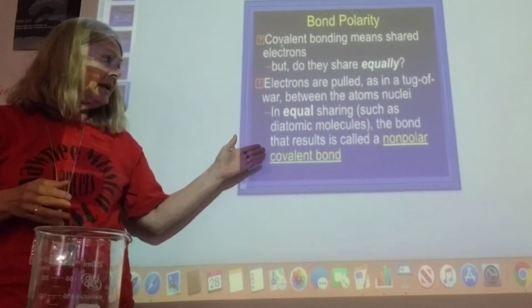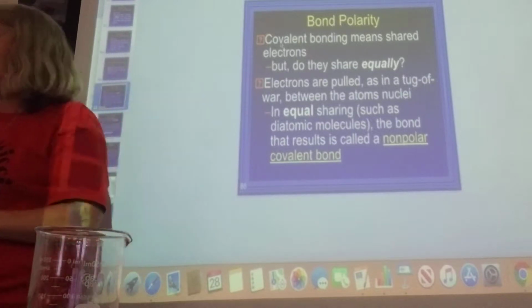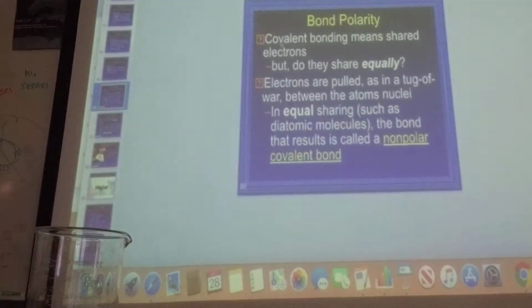And we end up with a non-polar covalent bond. So if I ever have a Brinkelhoff, which is a diatomic molecule that's Br, I, N, Cl, H, O, or F, those diatomics will always be nonpolar because there are two atoms of the same element combined.